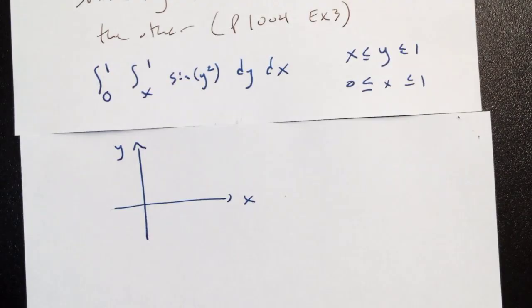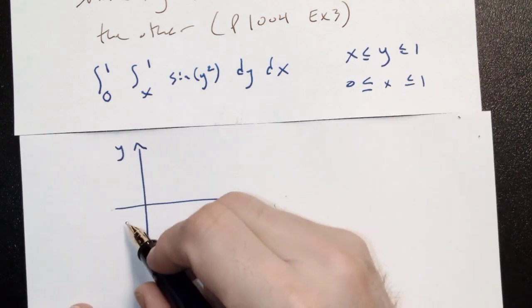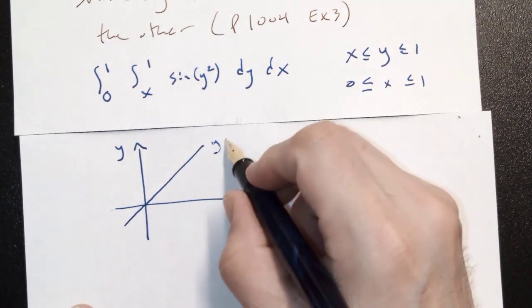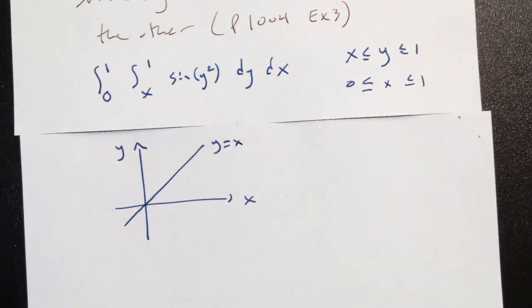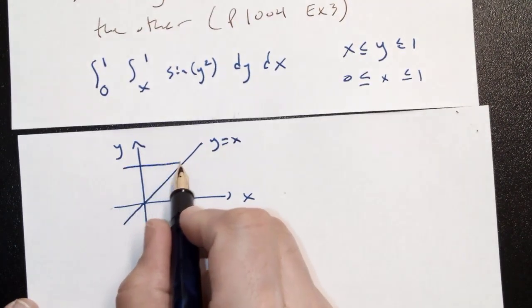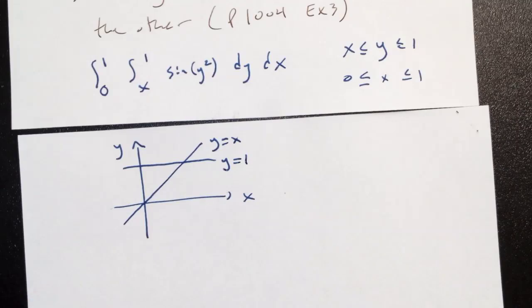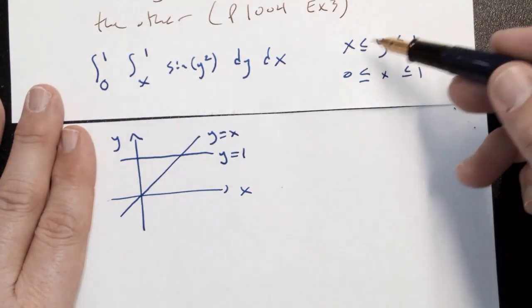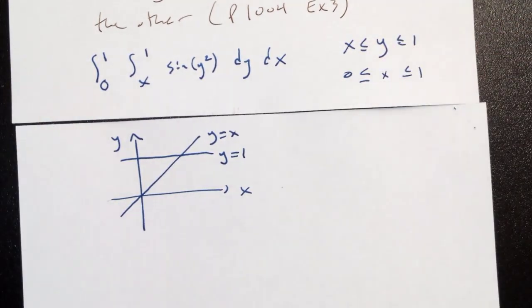Fortunately for me, those are both straight lines. It's the graph of y equals x, and the graph of y equals 1, horizontal line. So now I get to ask you the question, where is our region? It's the triangle here.